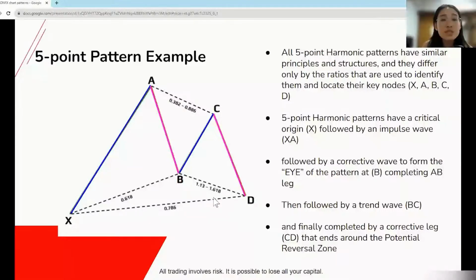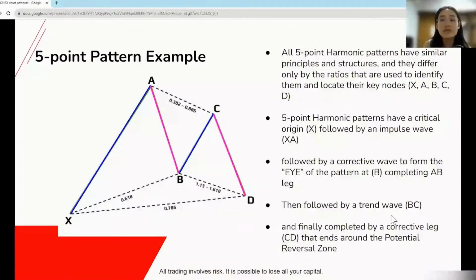I've included the Fibonacci levels for your reference. From point A to C, it uses 38.2 to 88.6. X and B use 61.8, X and D use 78.6, and B to D uses more than 100% levels. But that's just for your reference.